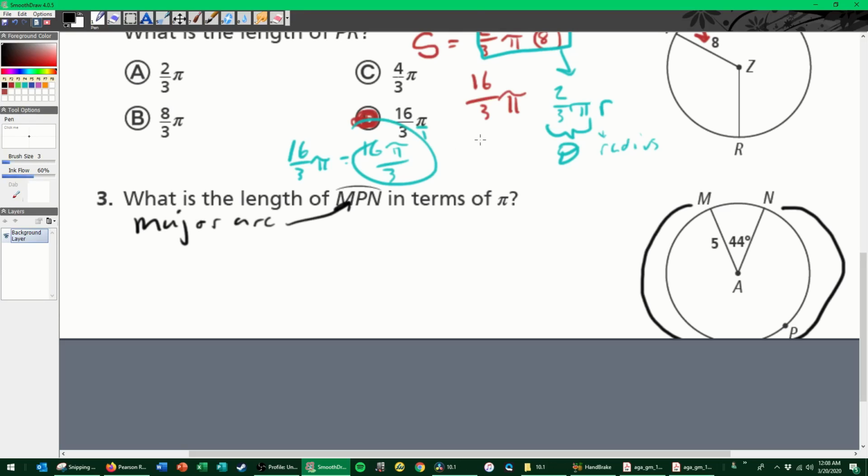So let's start this one. Well, I know the entire circumference of the circle is going to be 360, and I've already taken out this piece right here, which is 44, and that's going to leave me with 316.